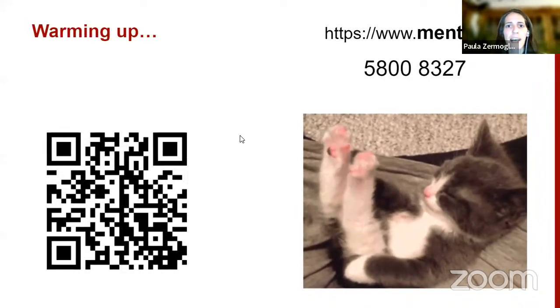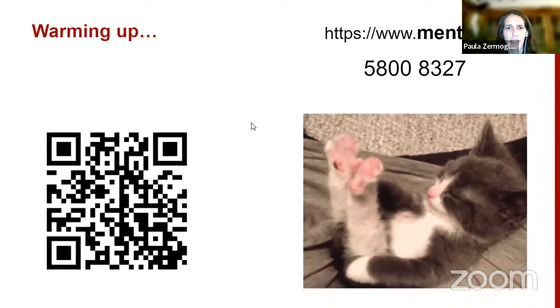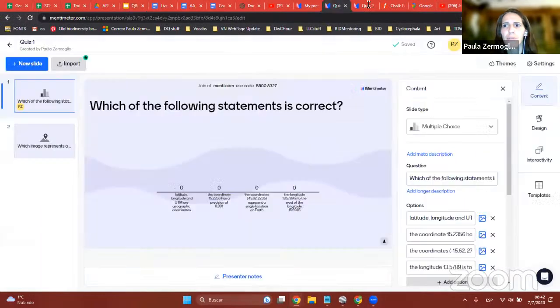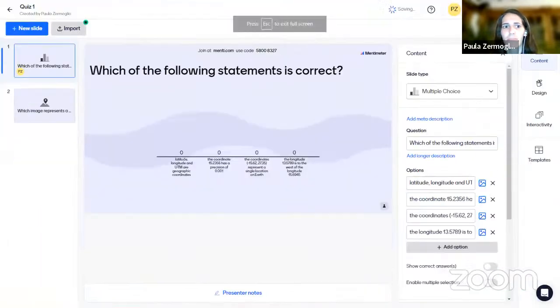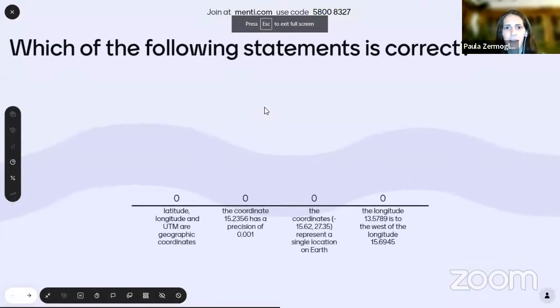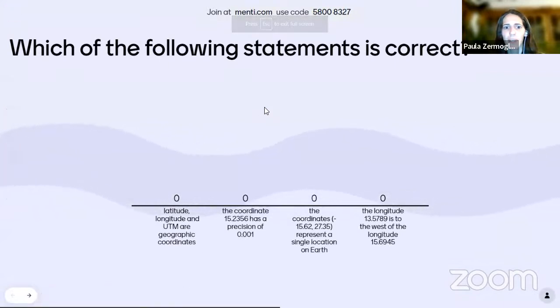So I'm going to change my screen to our first exercise. I hope that you can see it on the web page.